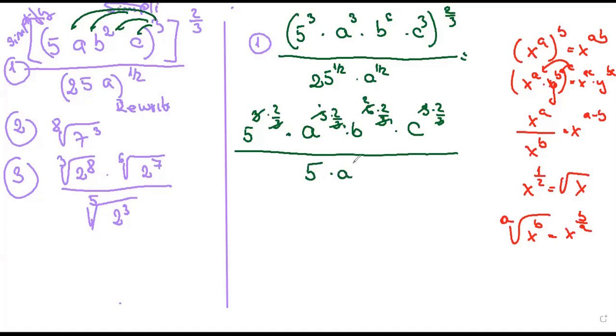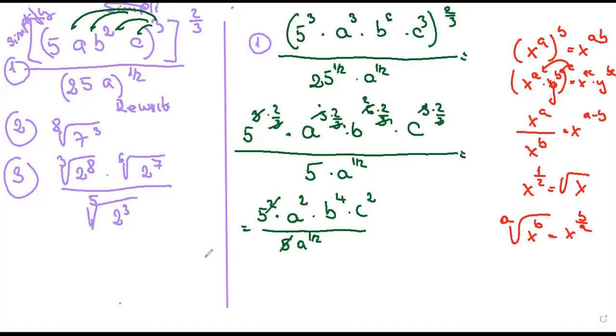Times A to the power of 1 over 2, equal. I have 5 to the power of 2 times A to the power of 2 times B to the power of 4 times C to the power of 2 over 5 times A to the power of 1 over 2.